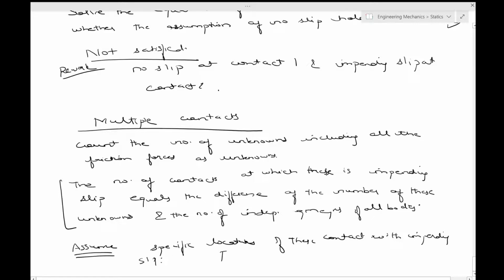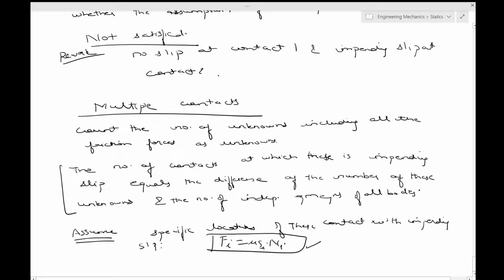okay. And for these contacts you can just write this. Again, for say contact point 2 it will be F2 equal to mu S2 N2. For contact point 7 it would be F7 equal to mu S7 N7, okay. Again, here this is not index notation.